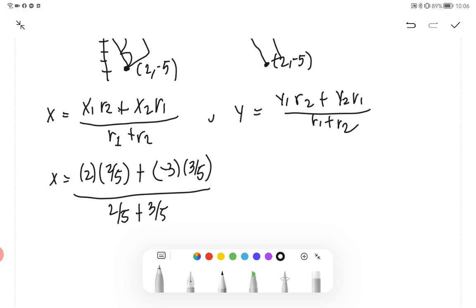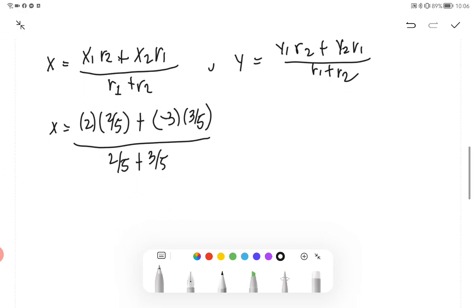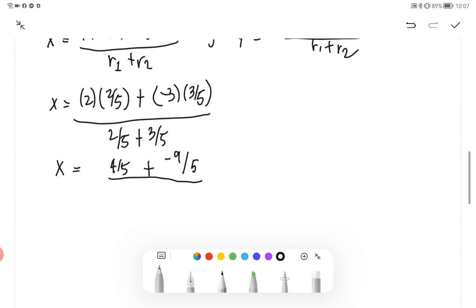Okay, and then let's go ahead and solve. So we have x here is equivalent to 4/5 plus -3 times 3, which is 9, all over 5, all over 5 over 5, or simply just 1.